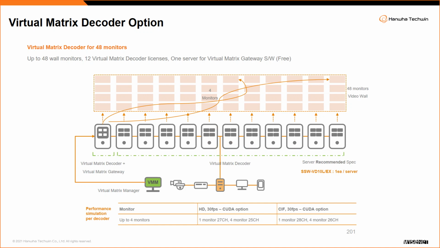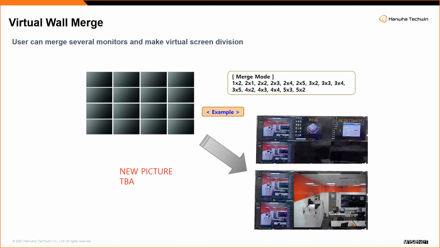So it can be good to have a video wall based application when you have a lot of monitors in the project. Also, a video wall allows you to merge monitors. You can have one camera across four monitors. Otherwise, it will be one, two, three, four, five, six, a total of six monitors, but I can merge one camera across four monitors.